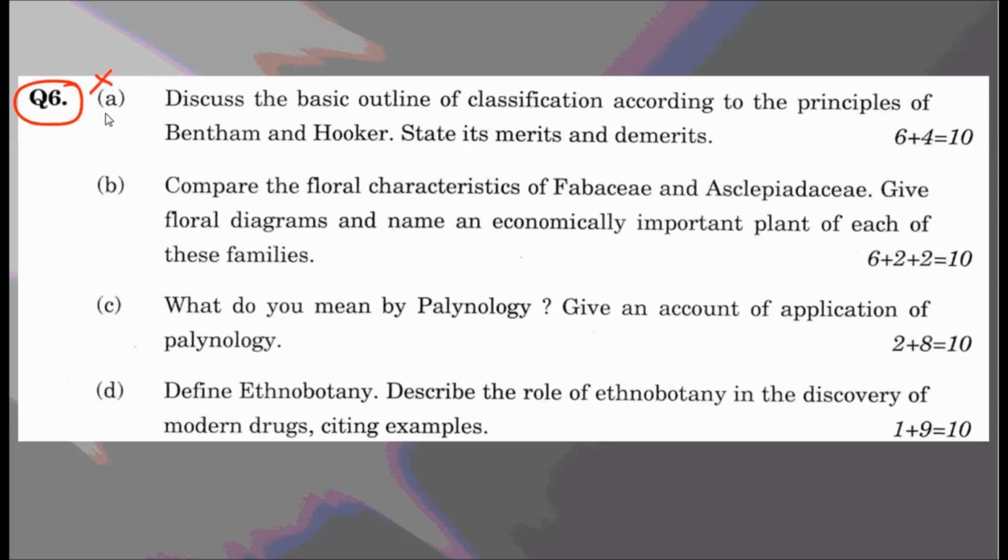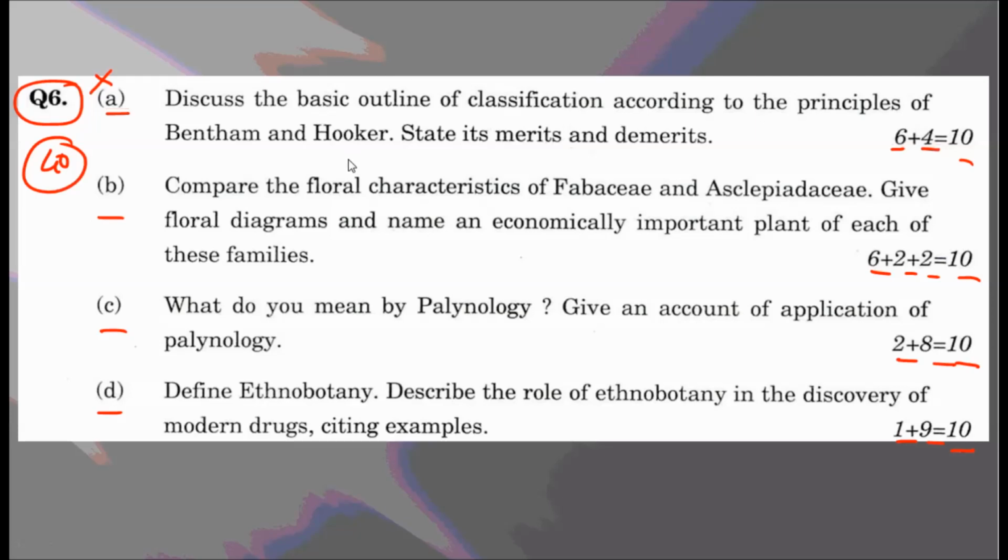The sixth question is again divided into 4 parts, each part carrying 10 marks, making a total of 40 marks. These 10 marks are again split into 6 and 4, 6, 2 and 2, 2 and 8, and 1 and 9. That means there is an internal marking as well.